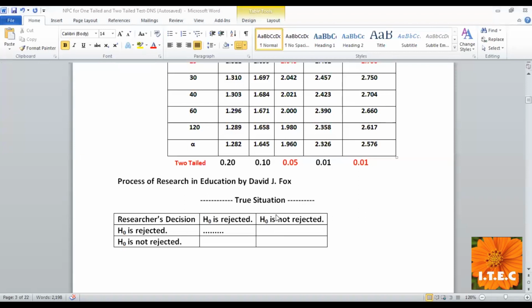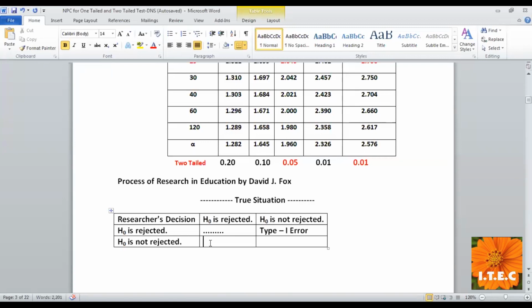It is type 1. So this is the type 1 error. Now here the true situation is that null hypothesis is rejected and the researcher decision is null hypothesis is not rejected. Then which type is it?